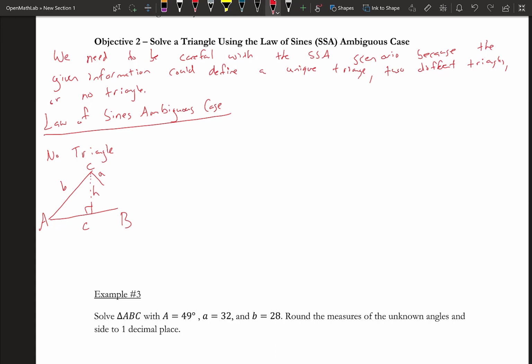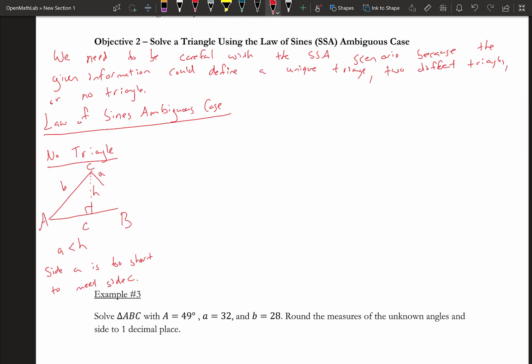So this is not a triangle because there's three sides, but not all three sides are connected. We have an open part here. So in other words, this happens when A is less than your height of the triangle. So in other words, side A is too short to meet side C. So that's one example of that.